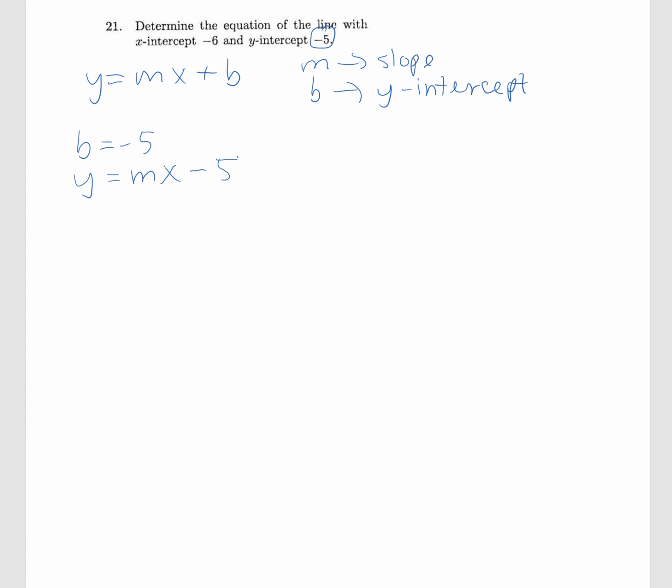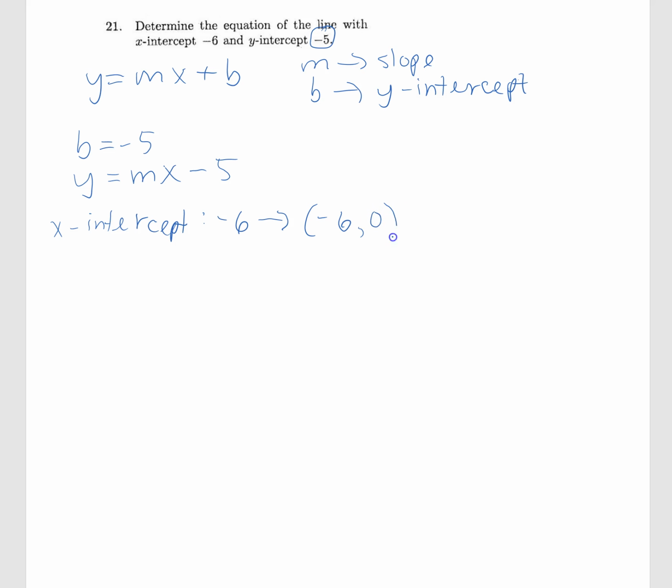To start, I'm going to write out some more information that this question gave us. By giving us the x-intercept and y-intercept, the question gave us 2 points that are on the line that we're trying to find the equation of. So with an x-intercept at -6, this is telling us that when x is -6, y is 0.